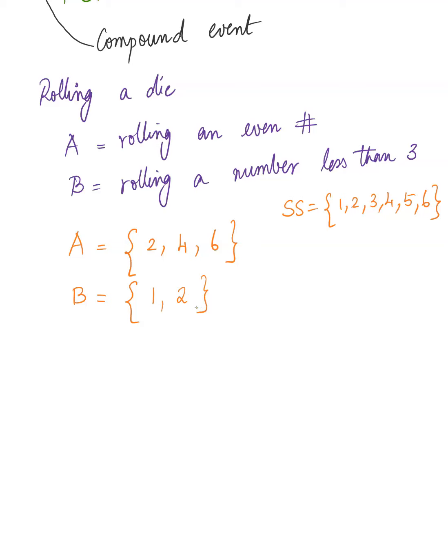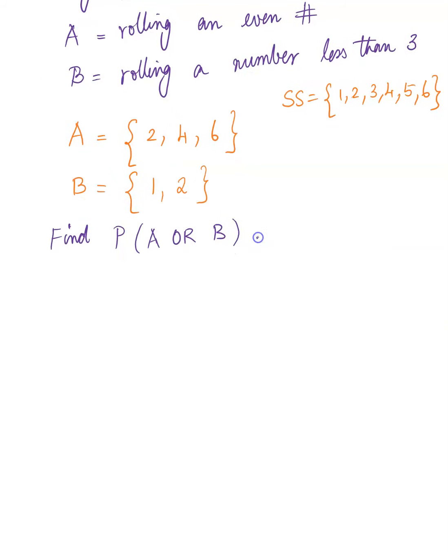Right? All right. Now, if we said, okay, find the probability of A or B, what does that mean? We have to go back and remember what OR stands for. If you see the word OR, obviously it would come only when you have multiple events. You need at least 2 of them.